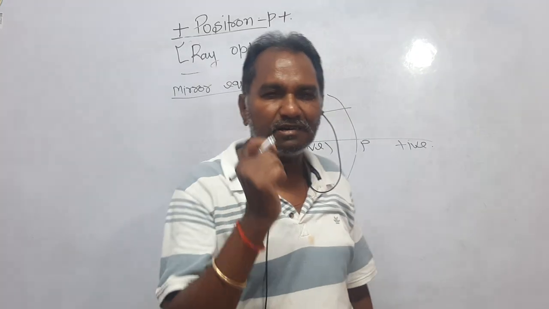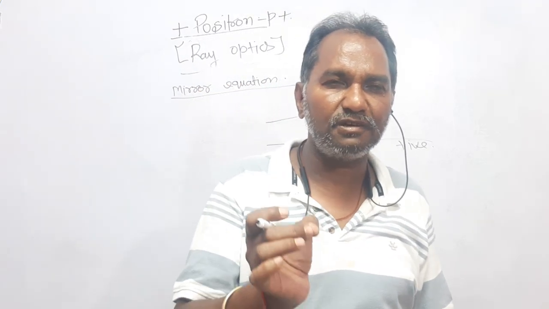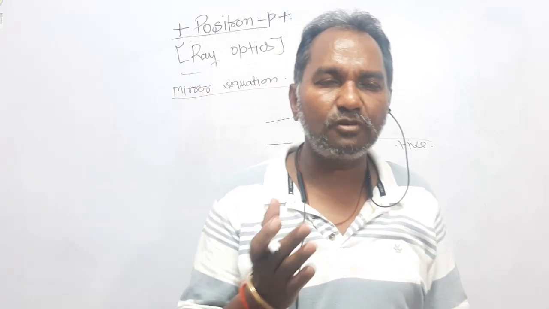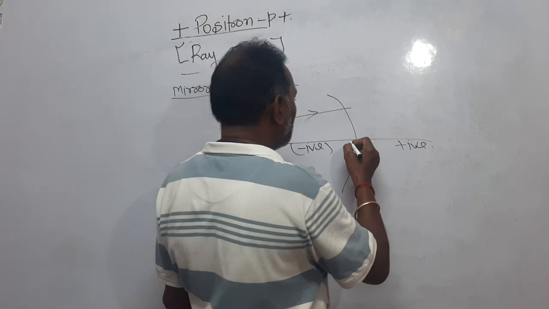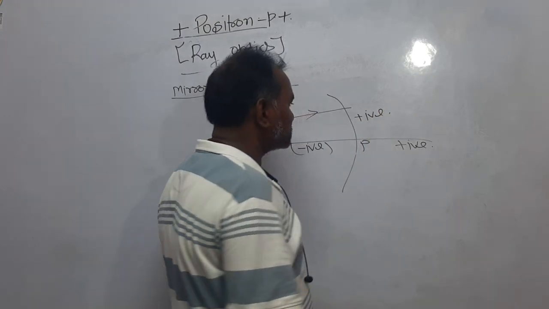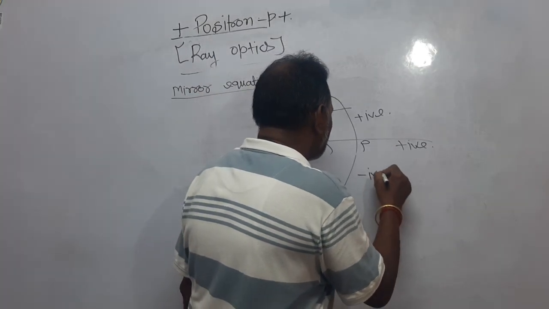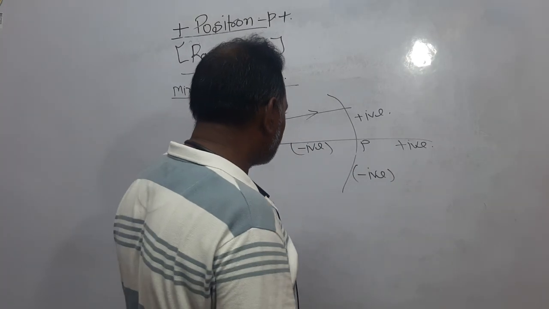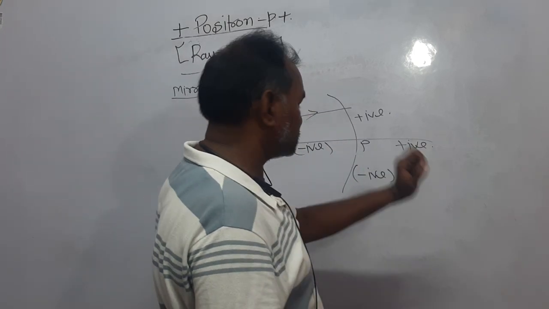A line joining the center of curvature and the pole of the mirror is said to be the optical axis, and those distances which are measured upward to the optical axis are considered positive, and the distances measured downward to the optical axis are considered negative. This is positive, this is negative, this is negative, this is positive.